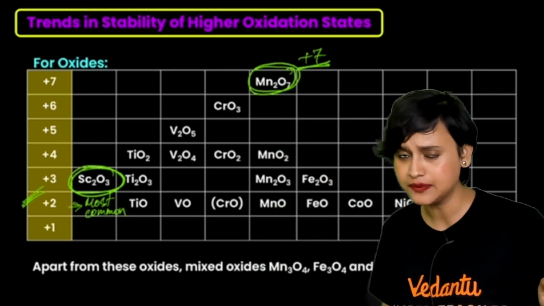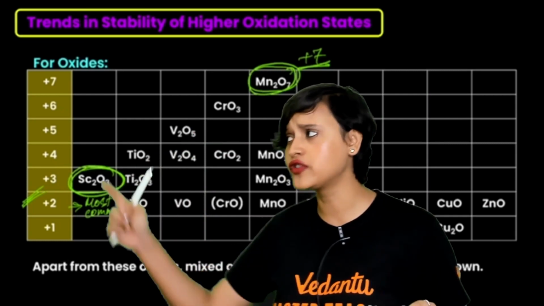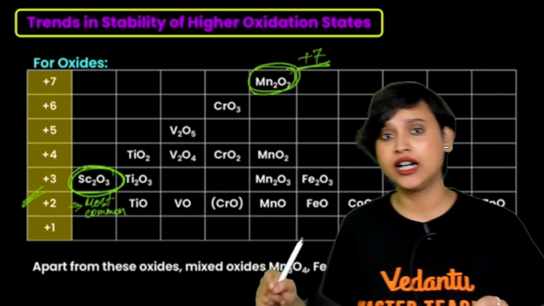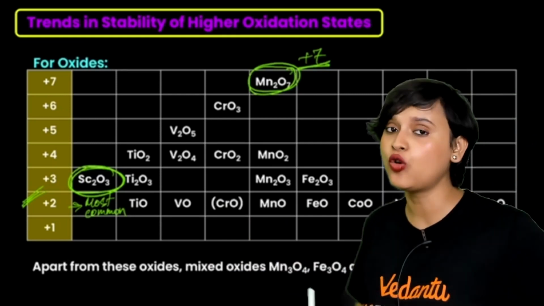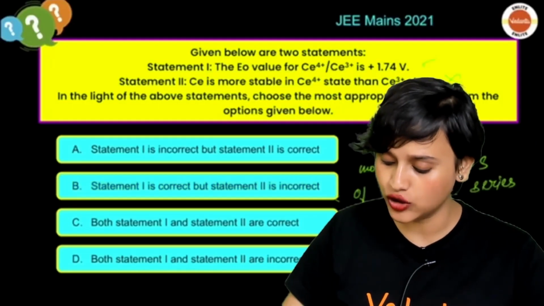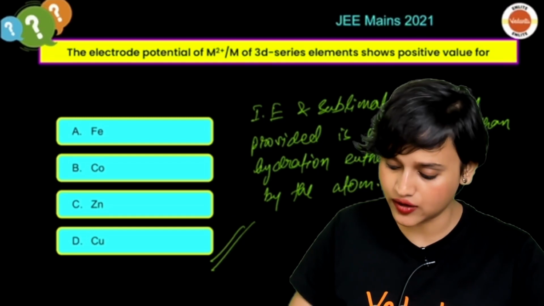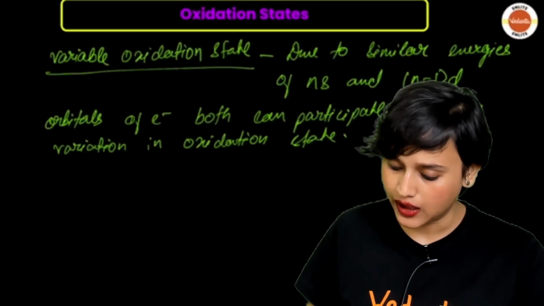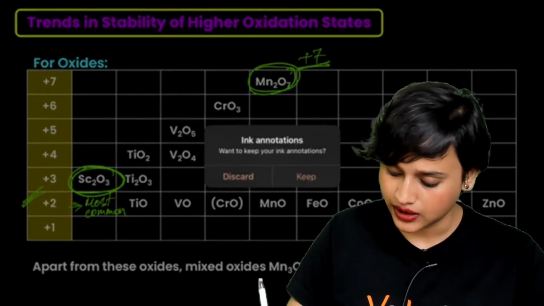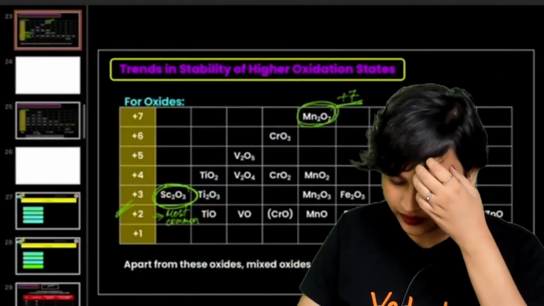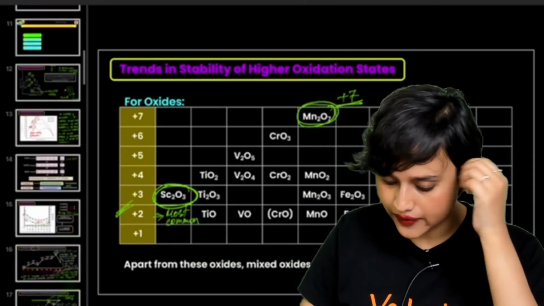All right? Apart from that, in the case of the whole d block, Ru and Os, just a second, let me show you where Ru and Os are. We have written a lot, isn't it?